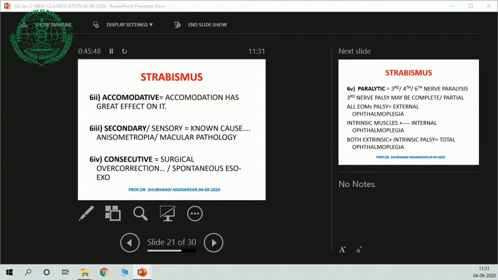Now the next component is the consecutive. What is it? There was a squint in one patient, and he was very keen about cosmesis, and he underwent surgery, and the surgeon has done some overcorrection. Not done, it has happened, it can happen. Okay, so surgical overcorrection is there. So if ESO, then it becomes EXO, and if EXO, then it can become ESO too.